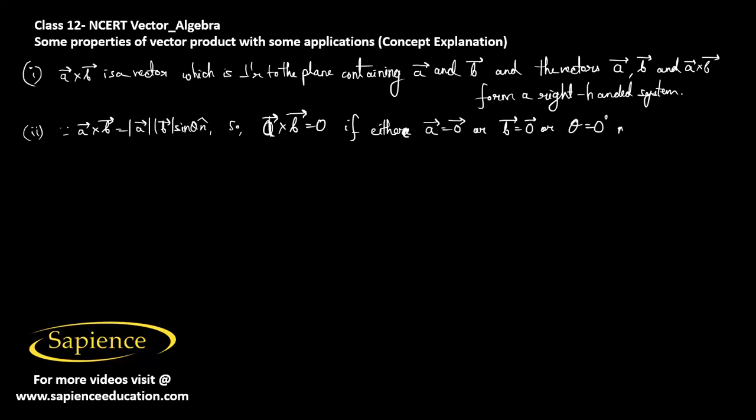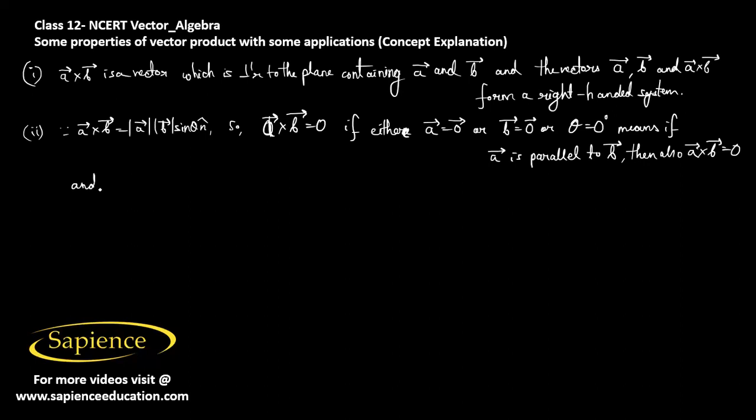It means if A vector is parallel to B vector, then also A vector cross B vector will be 0. Means the cross product will come 0.